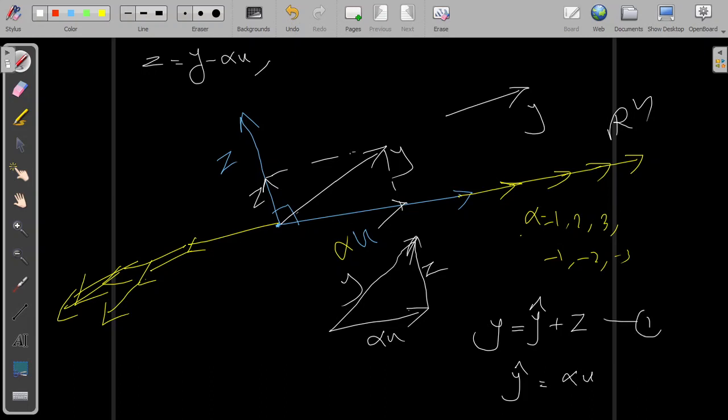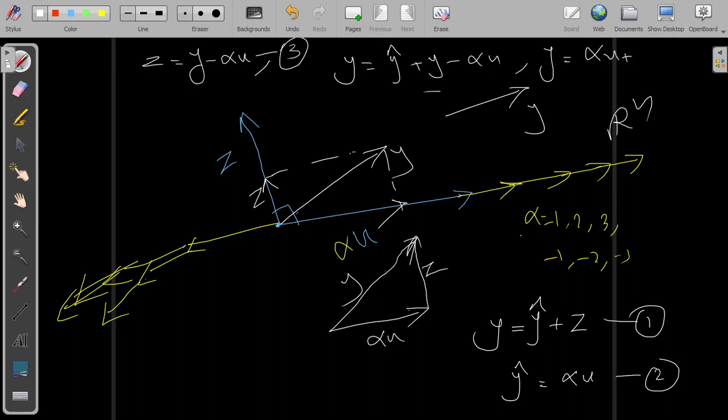This is our equation 1, this is equation 2 and this is equation 3. So you choose vector z such that equation 1 is satisfied, that is y equals y cap plus y minus alpha u, and you substitute for y cap, that is y equals alpha u plus y minus alpha u, so that you will get y equal to y. So equation 1 is satisfied by taking z equal to y minus alpha u.